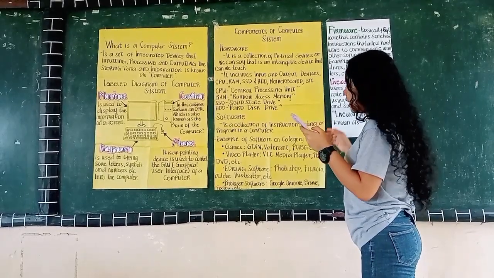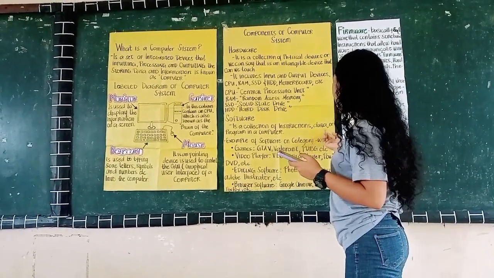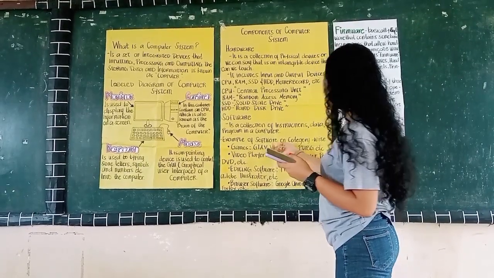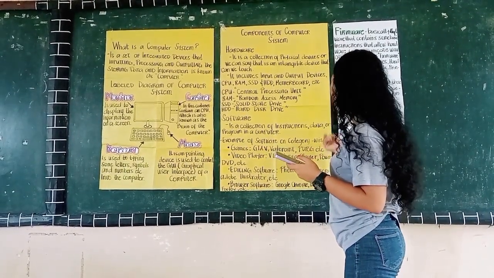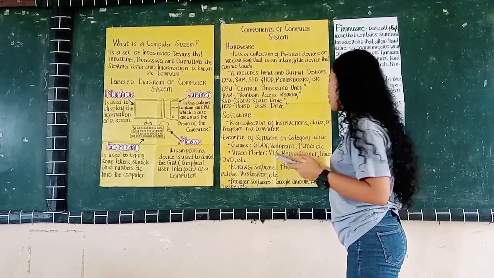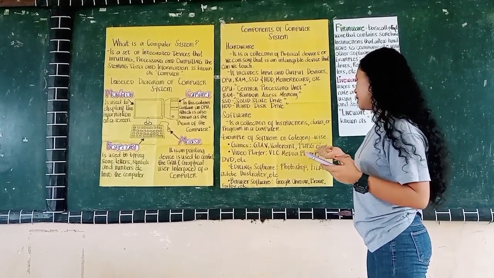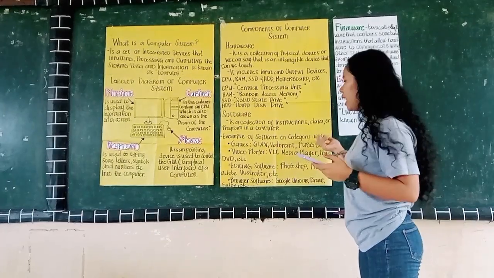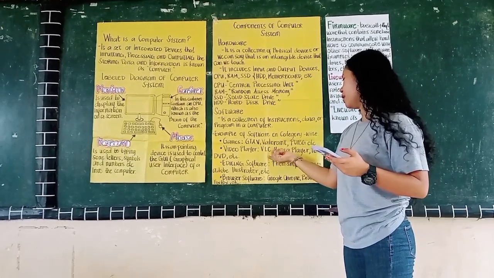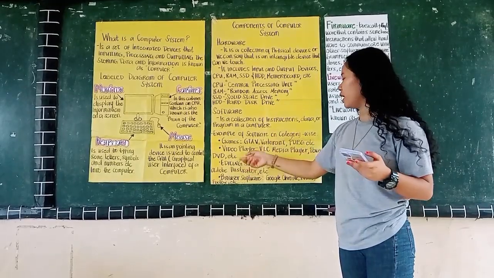So, let's talk about the software. It is a collection of instructions, data, or programs in the computer. Like for example, categories of the software. Parang ito yung application na makikita natin sa loob ng computer. Like for example, in games, GTA V, Valorant, PUBG, etc. In video player, the VLC media player, Power DVD, and many more.